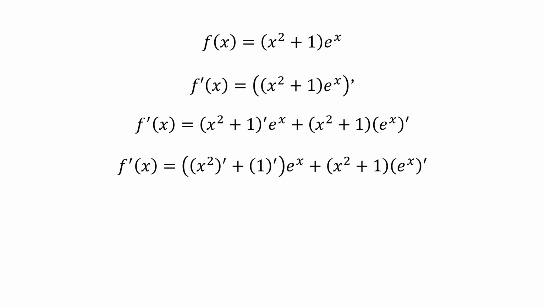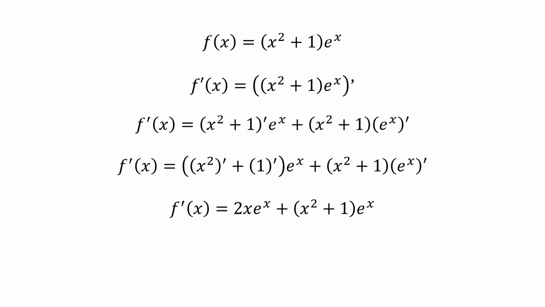And the derivative of e to the x is just e to the x. Putting all this together, we obtain f prime of x equals 2x e to the x plus (x squared plus 1) times e to the x.